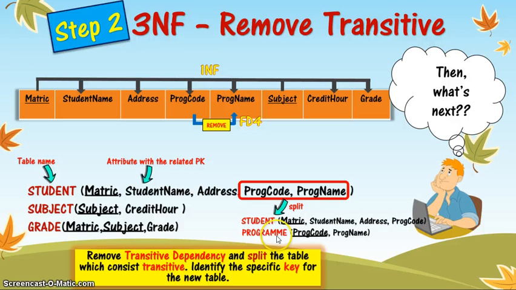And another table, because prop code and prop name are about program, so you put the table name as program. The related attributes are prop code and prop name, and you can put prop code as the new key or primary key here. All right, so this is how to split a transitive from the table student.